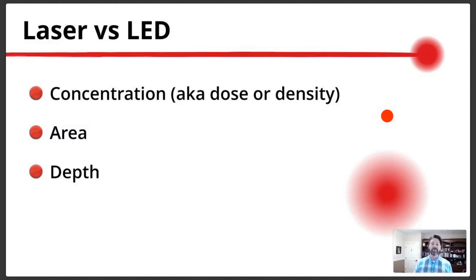Laser light, therefore, penetrates deeper than non-laser or LED light. LED light doesn't penetrate quite as deeply, but you do get it over a much larger area. So when you're thinking about how to treat, one of the things you have to consider is whether you're focusing on a single tiny area with maximum dose, or you want to affect a broader area with a gentler dose.